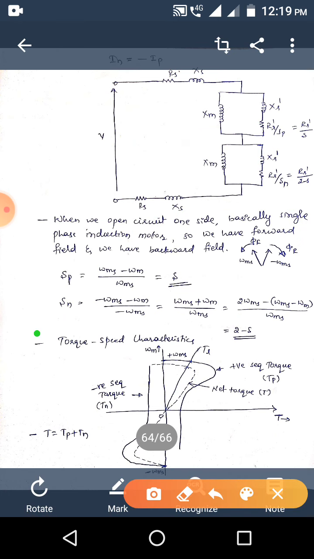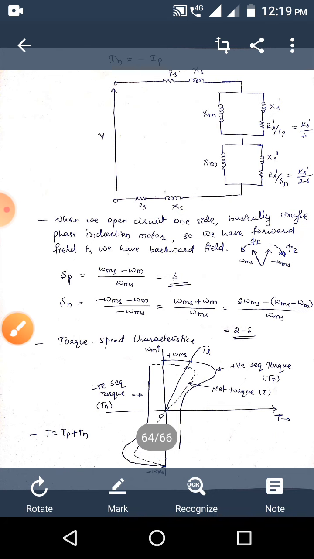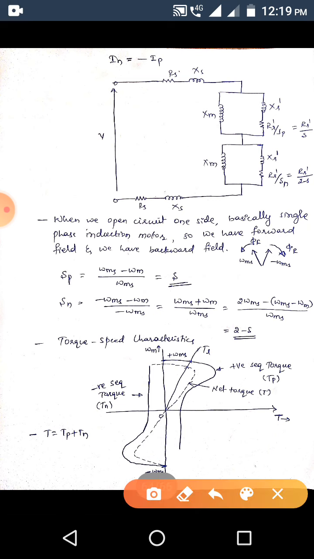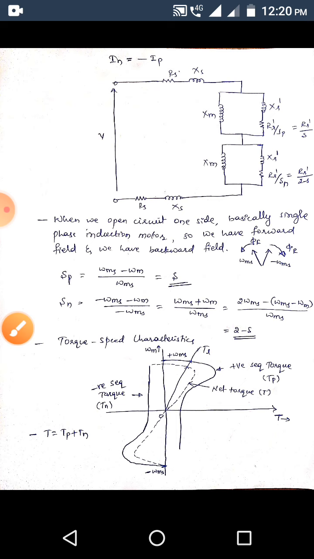If the excitation field is more, and the load torque is connected to the induction motor, the load torque characteristics will be like this. I will call it the load torque here. The motor will be operating at nearly no load speed.